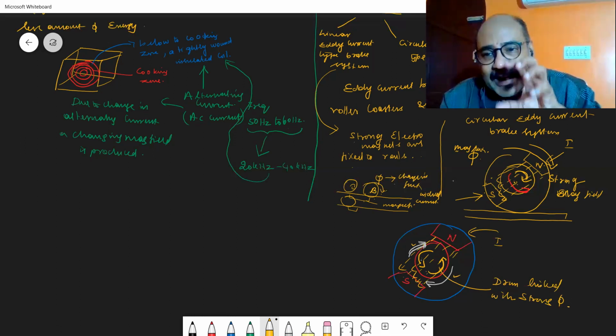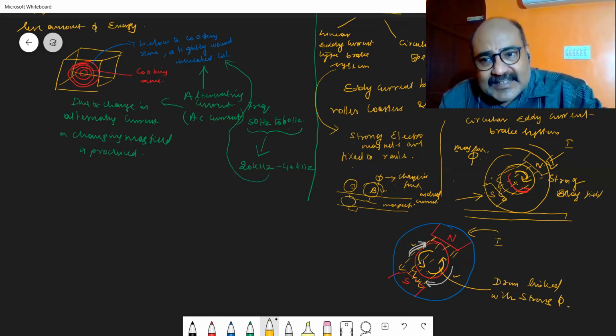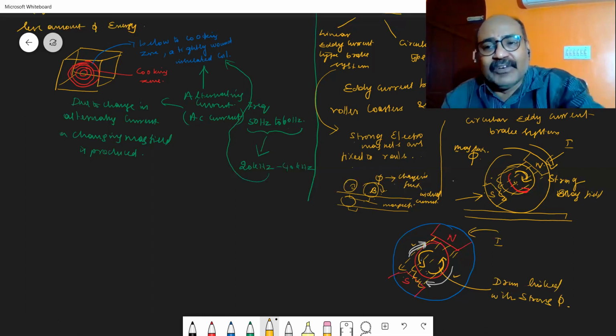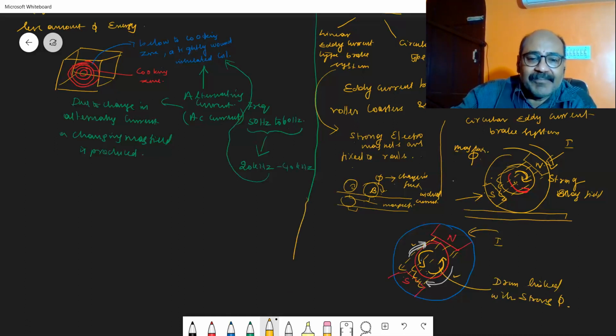So this brake system brings the rotating wheel to rest with the help of eddy currents. This we are taking as the second application, called the eddy current brake system. It is an important question which may be asked either as a 2-mark or a 3-mark question.